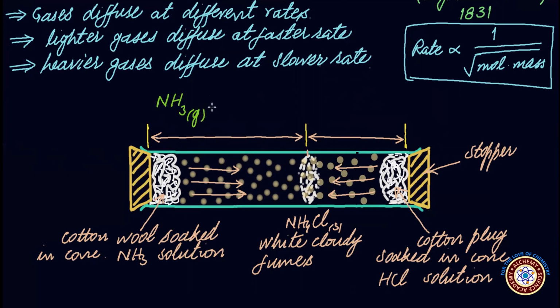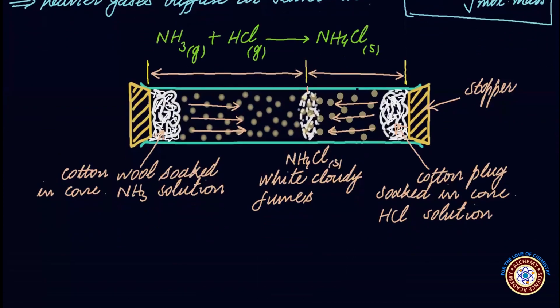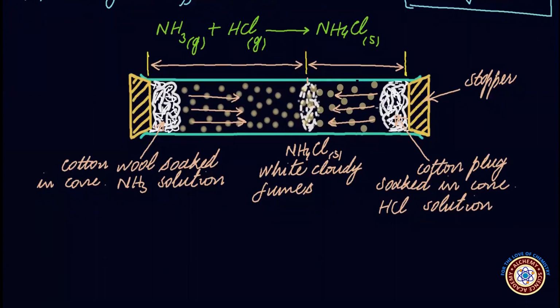So ammonia gas particles react with hydrogen chloride gas particles to give ammonium chloride solid, which appears as white cloudy fumes, and in this way, in the tube, a cloudy ring of white fumes of ammonium chloride is formed that indicates the point where both the particles of ammonia coming from the left and of HCl coming from the right have met and reacted.